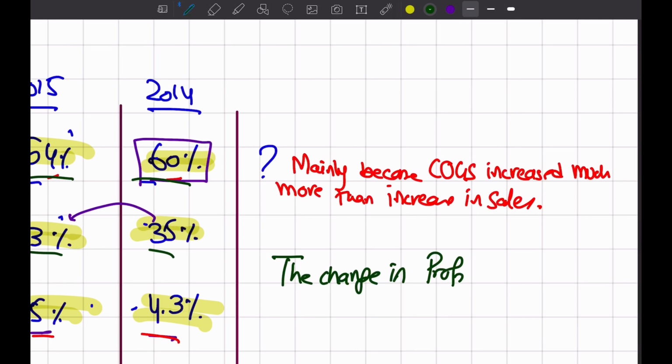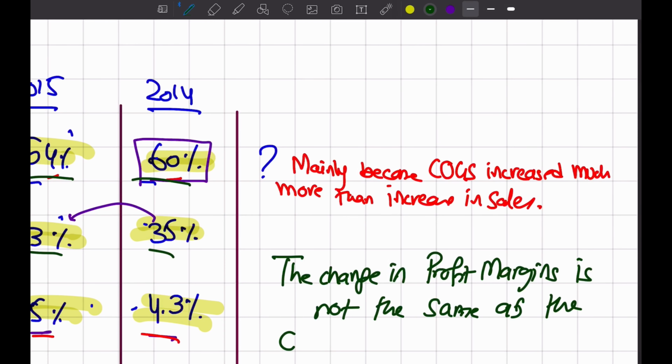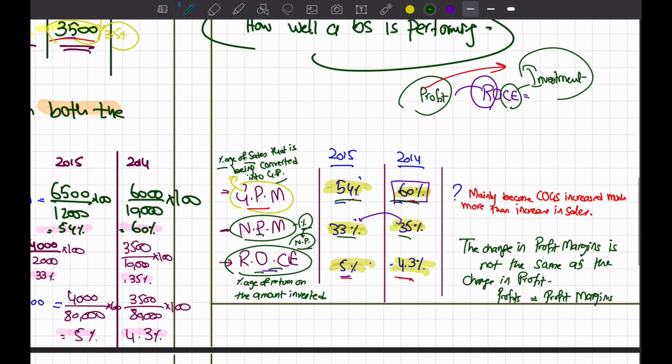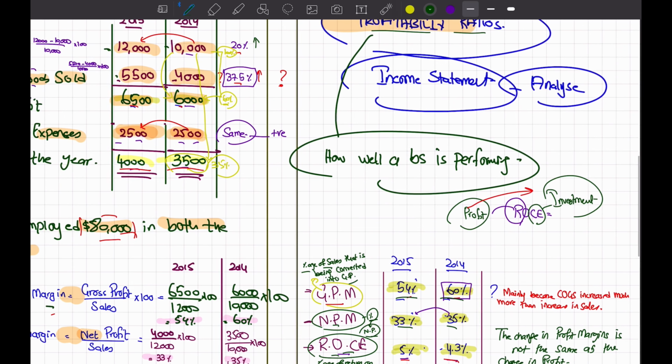For a good comparison, I need to use profits as well as I need to use the profit margins. जब मैं इनको कलेक्टिवली कंपेयर करूँगा तब मैं एक अच्छा एनालिसिस दे सकता हूँ.